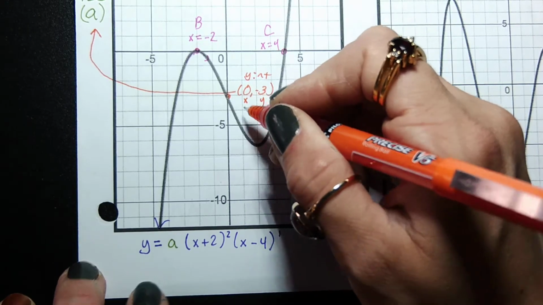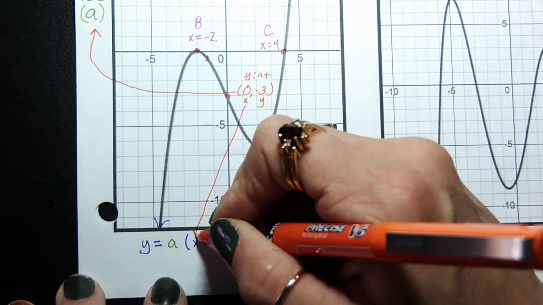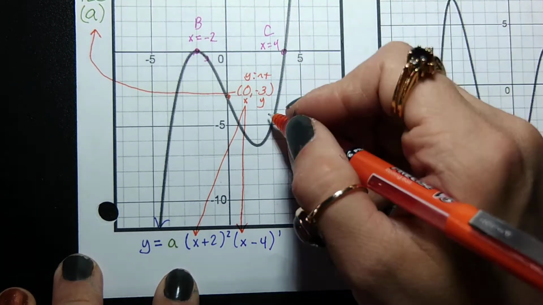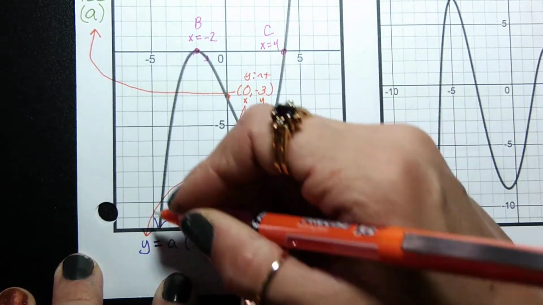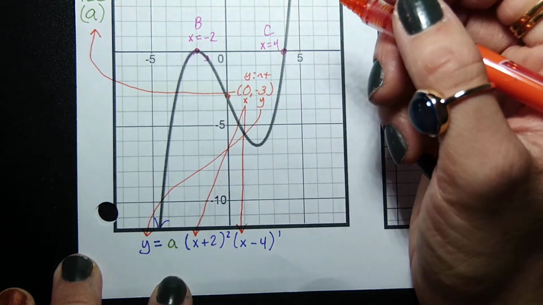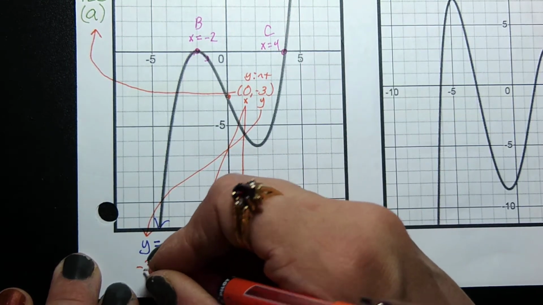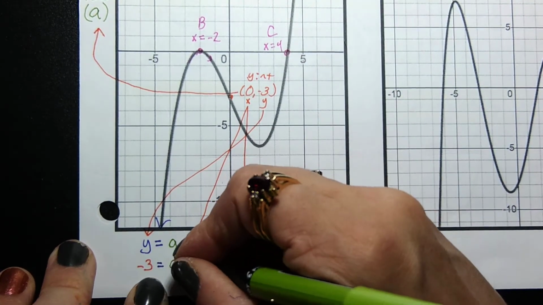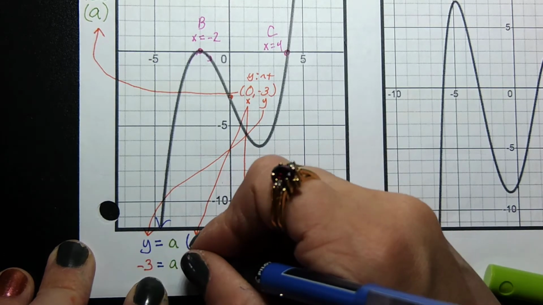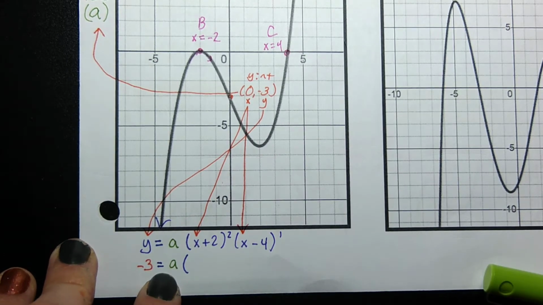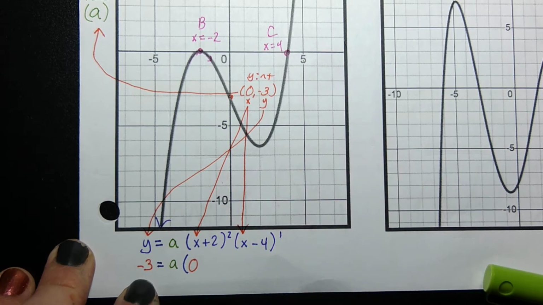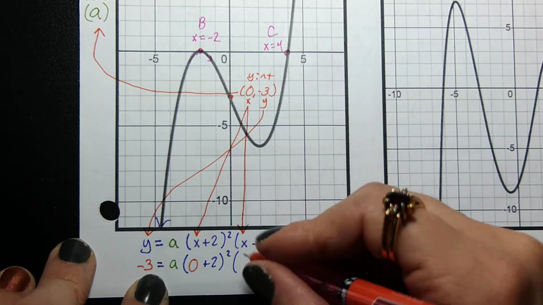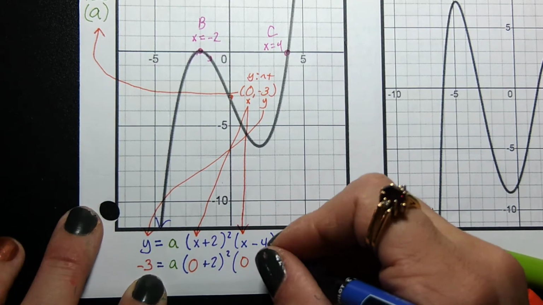So I'm going to plug 0 in for x, and we're going to plug -3 in for the y. So -3 equals a times (0 plus 2) squared times (0 minus 4).